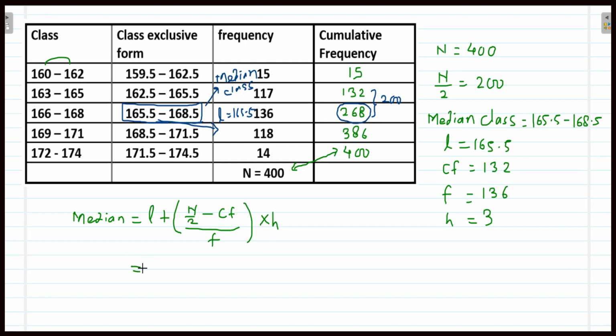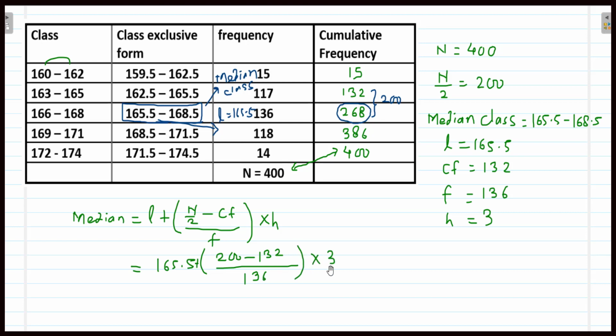L is 165.5, 165.5 plus n by 2 is 200 minus cumulative frequency is 132, so 132 divided by f is 136 multiplied by h, and h is 3.